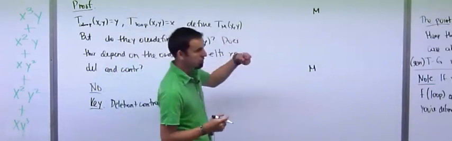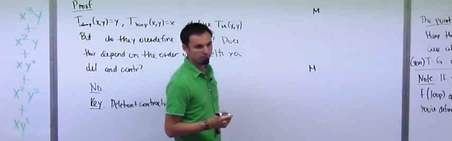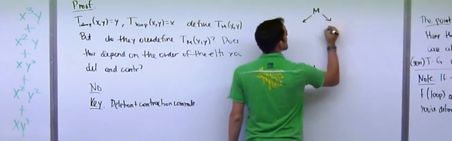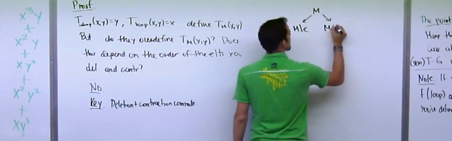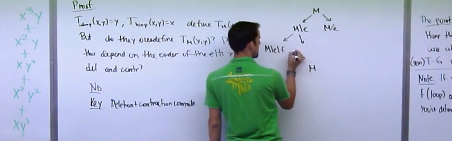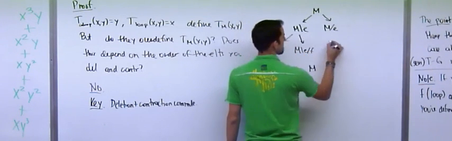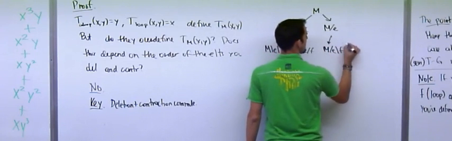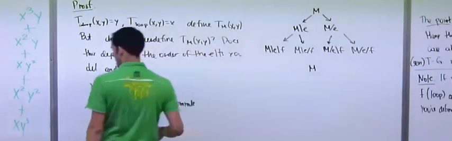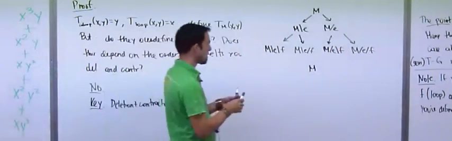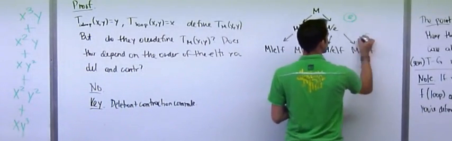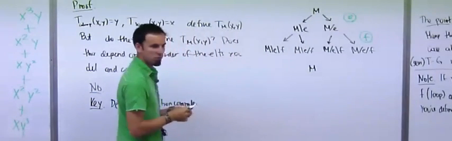Let's say that you first get rid of E, and then you get rid of F. So first you delete E, contract E, and then you take each one of these guys and you delete F, contract F, delete F, contract F. This is what you get if you do first E and then F. What do you get if you do first F and then E?